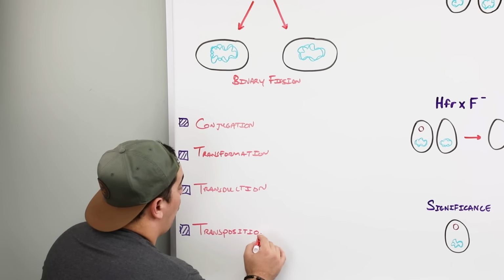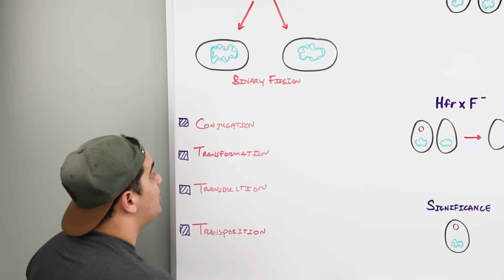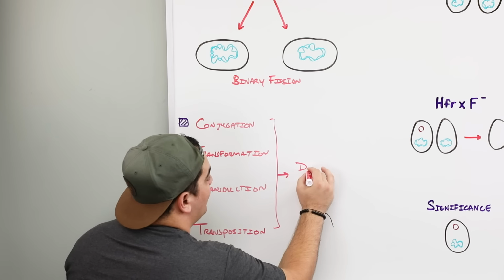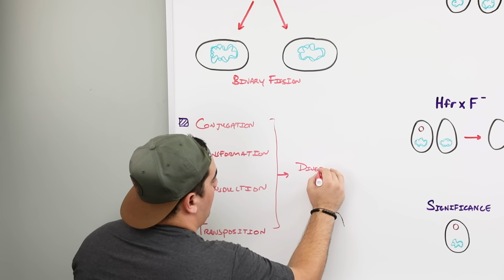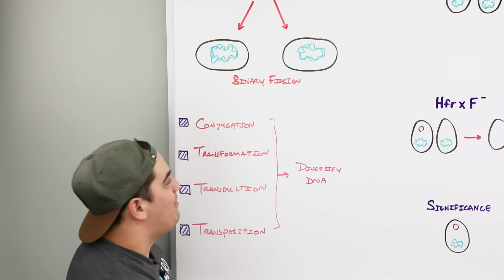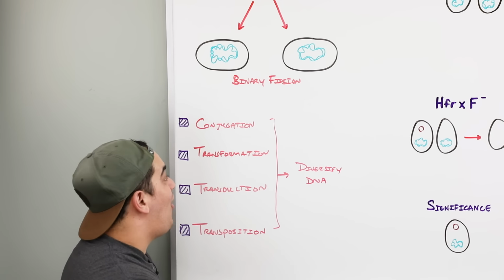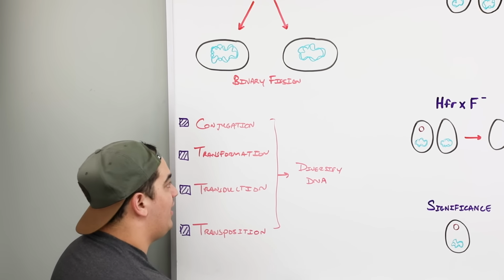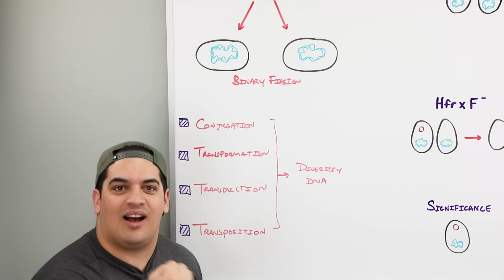These are the ways by which we can diversify the bacterial DNA. That's important. So now let's go into detail about each of these mechanisms and talk about their significance.